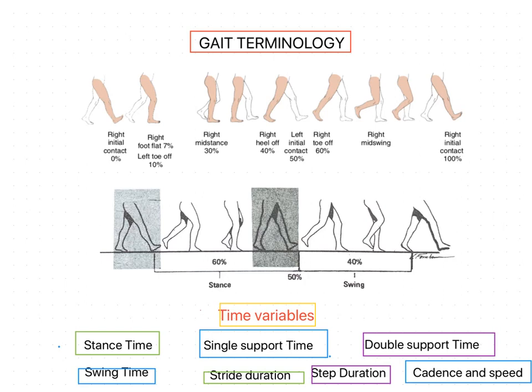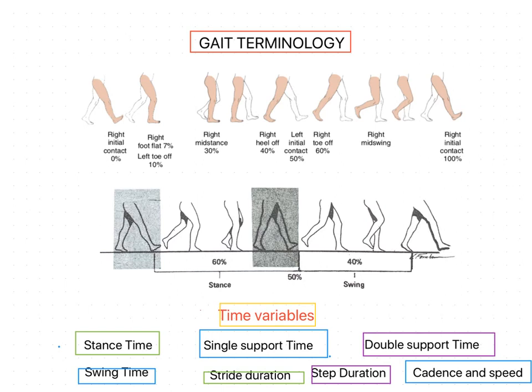Normally, distance variables include stride length, step length, width of walking base, and degree of toe out. These variables provide essential quantitative information about a person's gait and should be included in any gait description.